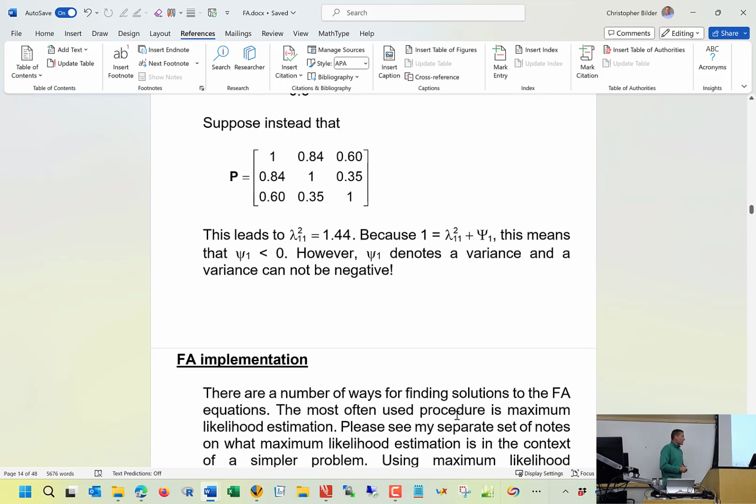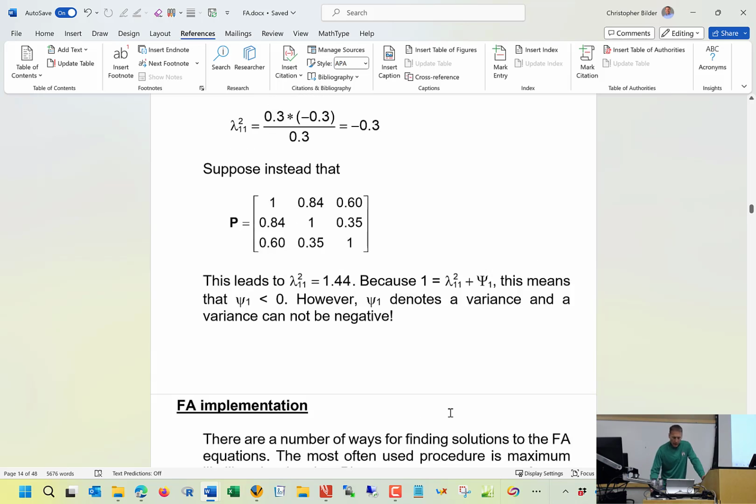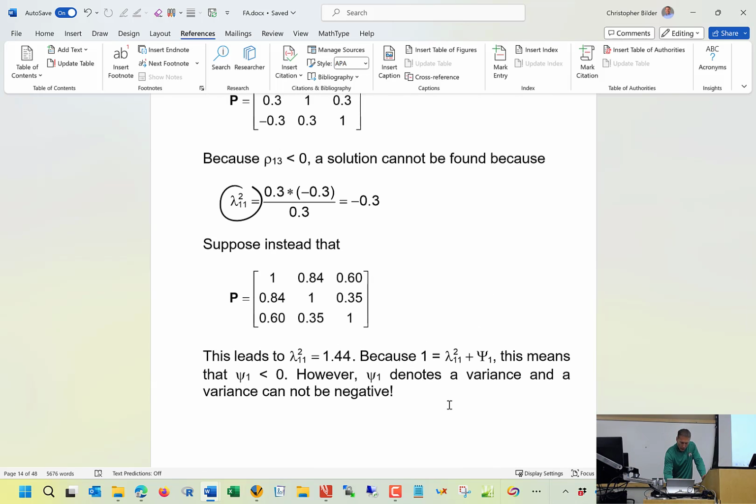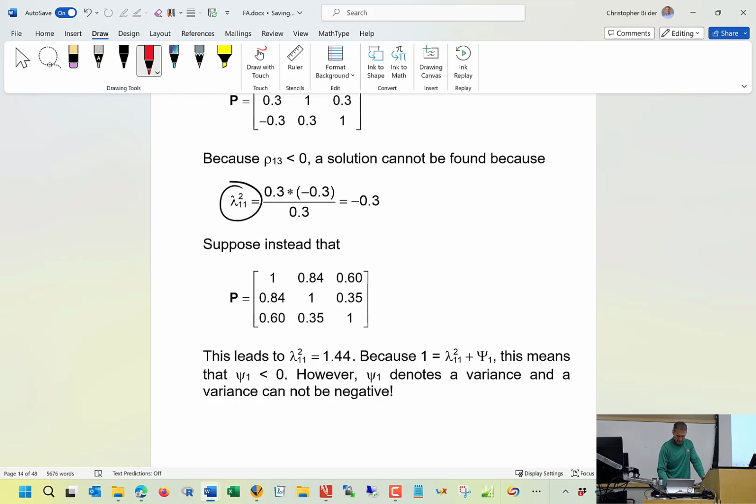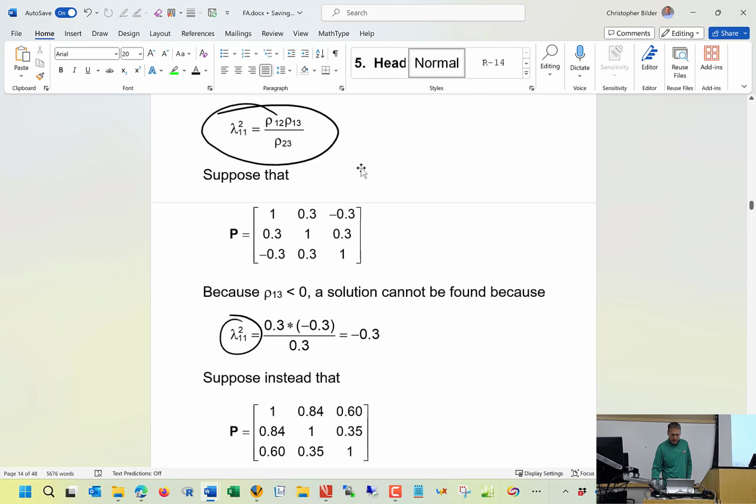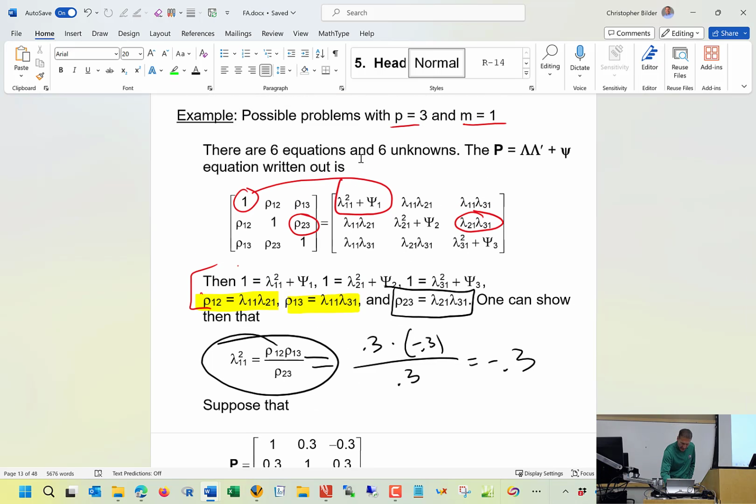Here's another example. Suppose that this is my correlation matrix as well. Now I don't have any negative values. And if you go through the same way of finding what lambda 1, 1 squared is, you get lambda 1, 1 squared equal to 1.44. Now remember, we have an equation up here that says 1 is equal to lambda 1, 1 squared plus psi 1.